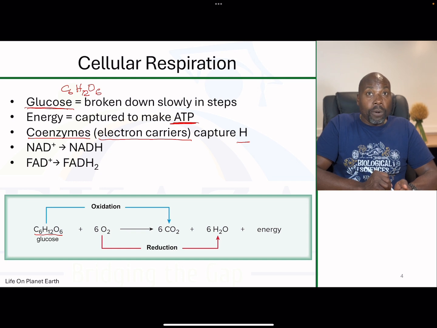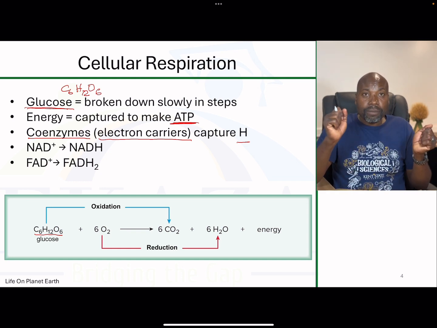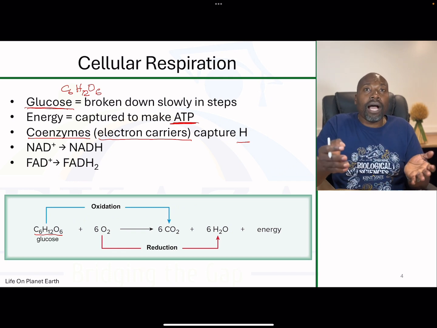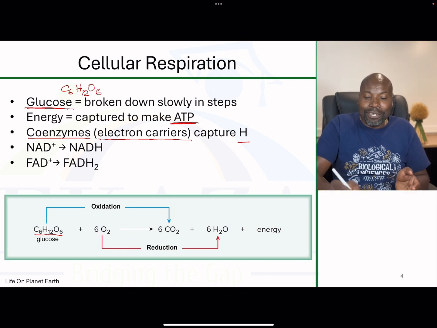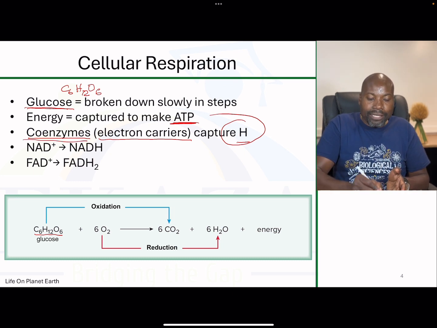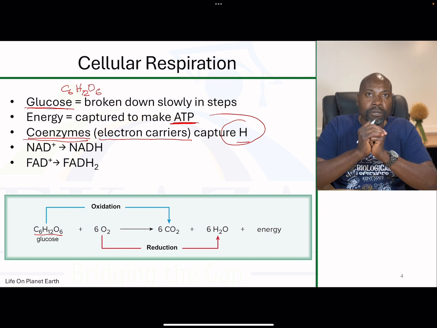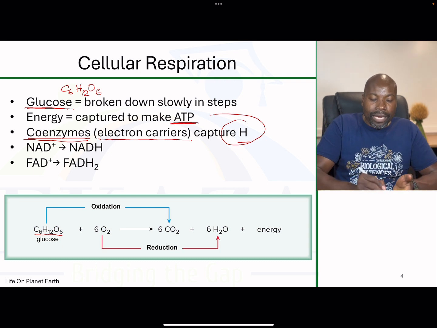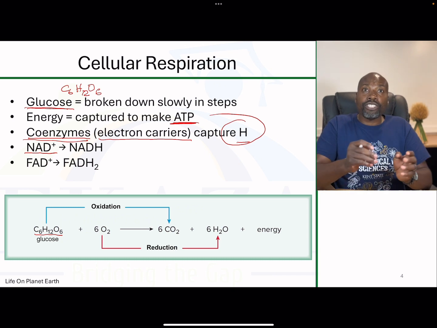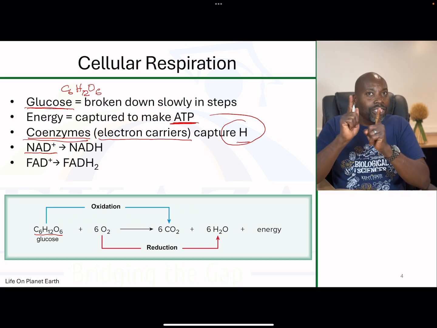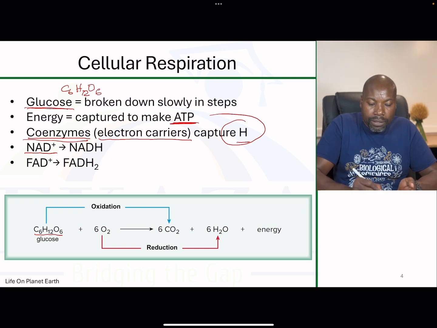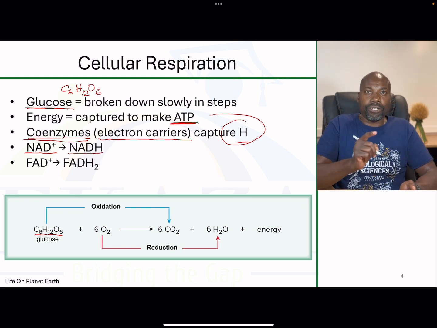Okay? Now, when glucose breaks, at the end of the day, we have carbon dioxide, right? Where did the hydrogen go? Well, the hydrogens were captured by the coenzymes. What are some examples of coenzymes? We have NAD+. That NAD+, when it catches electrons slash hydrogens, I want you to remember that, they become NADH.